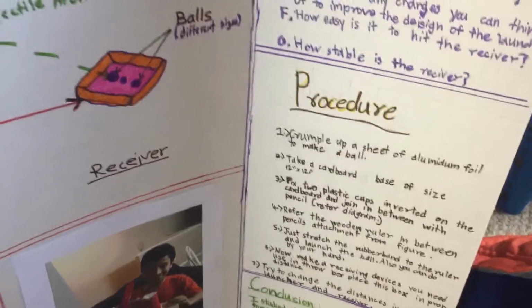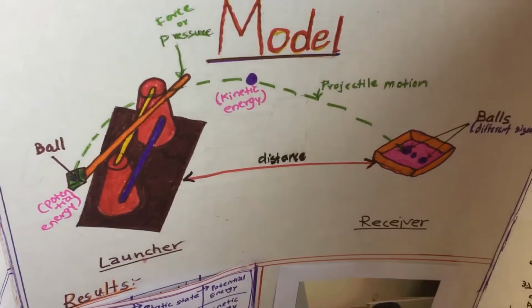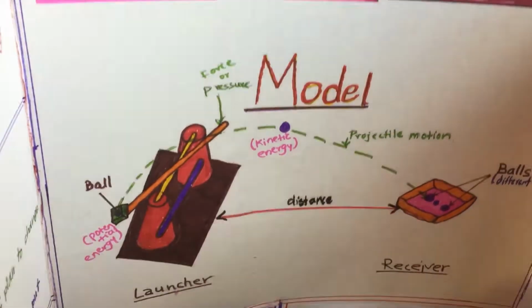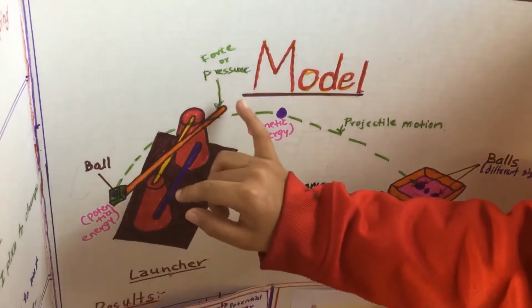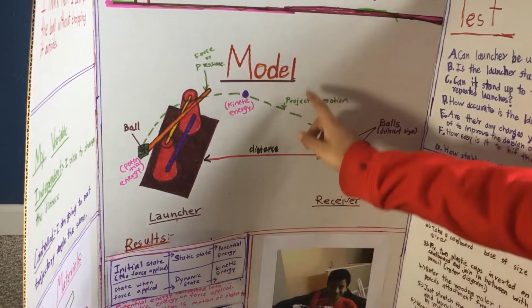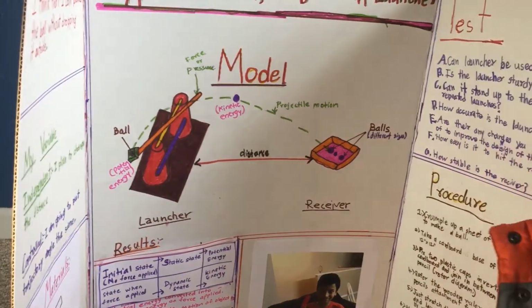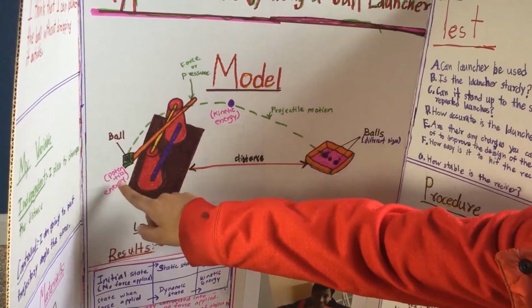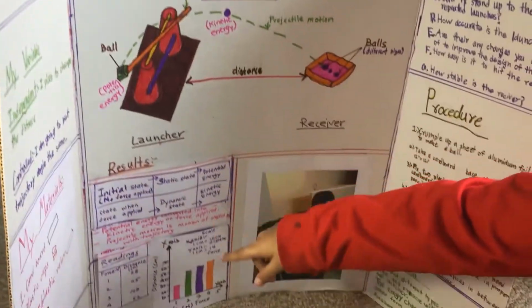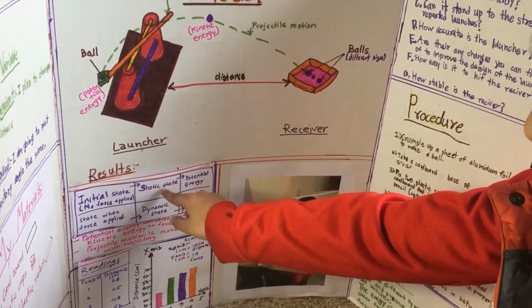I'm not going to read all of that. I'll just tell you here. So the procedure is like I can put. So guys, this is how my model would look in actual. So this is where the ball is, and that's potential energy, which is the initial state, the static state.